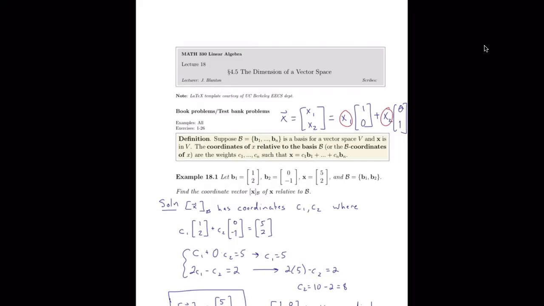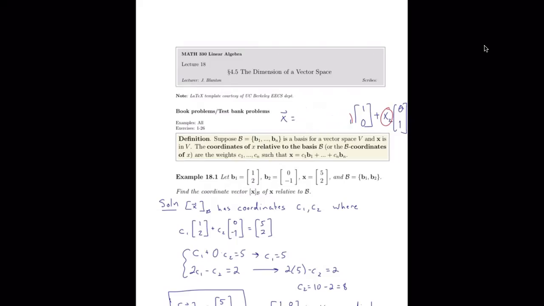Well, we've already seen that we don't need to use just the standard basis vectors in order to form a basis for an n-dimensional real space, right? We don't need these two e1 and e2 vectors for R2. We could pick any two linearly independent vectors for R2.